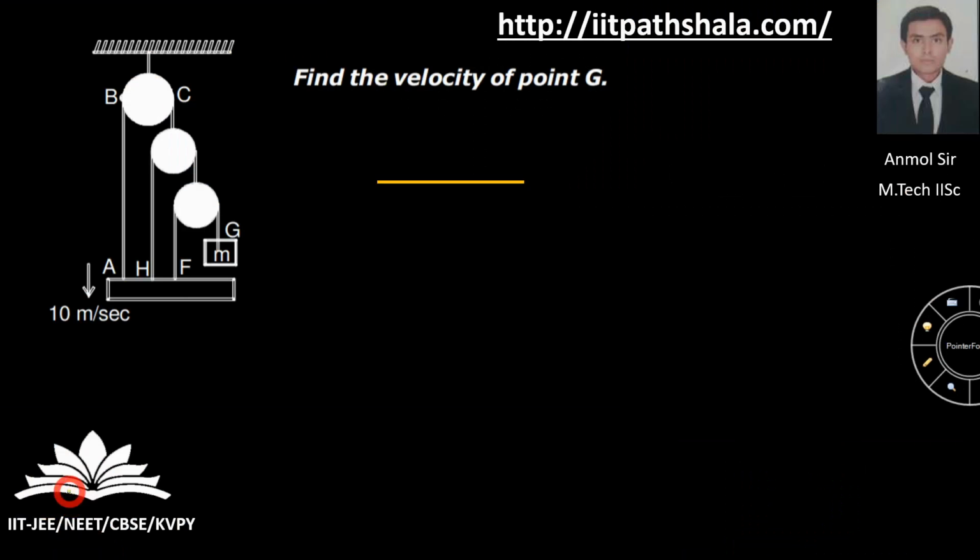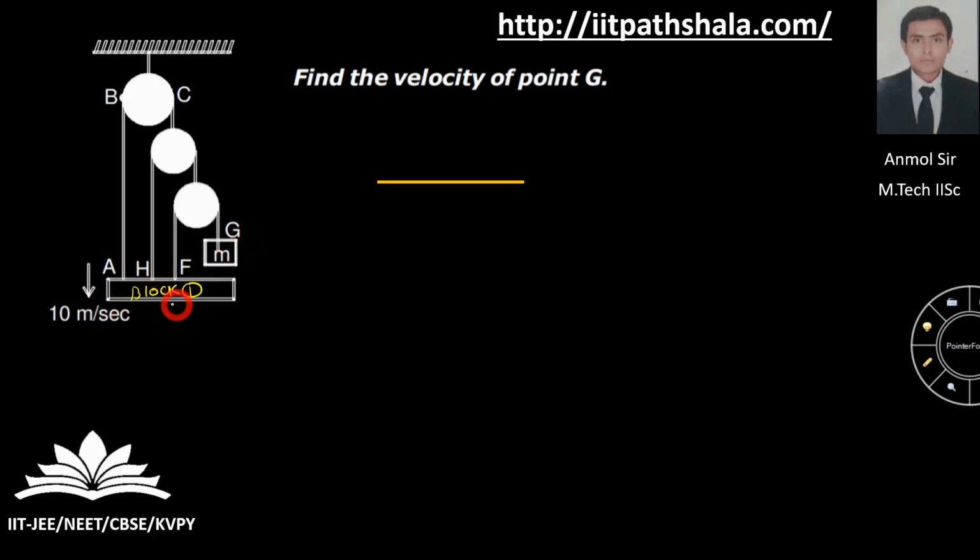Now let us start with the following problem over here. This is a typical but very complicated pulley block system. As you can see, this is a good example of a constraint system. Why? Because the motion of block 1, I can name this bigger block as block 1, is affecting the motion of block G over here.